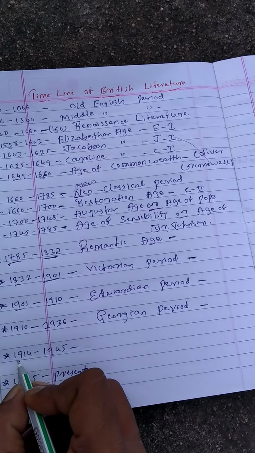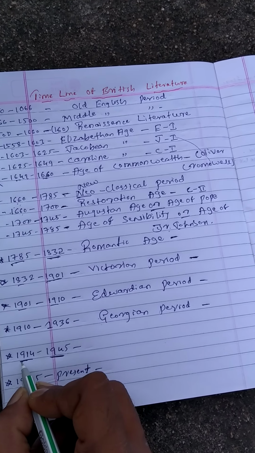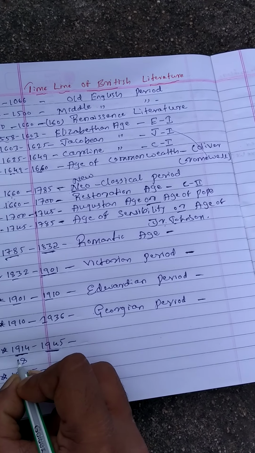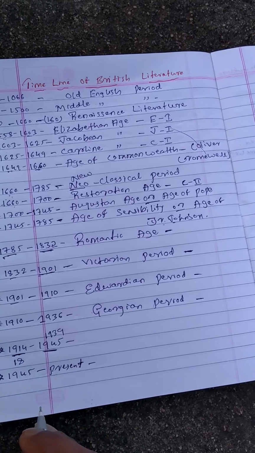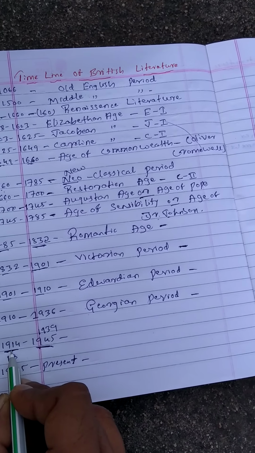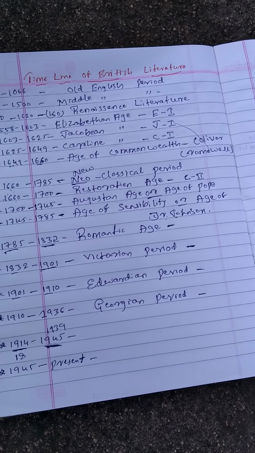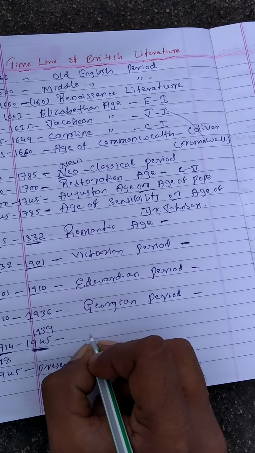Then 1914 to 1945, starting from the First World War to the end of the Second World War. The First World War began in 1914 and ended in 1918. The Second World War began in 1939 and ended in 1945. The time period between these two wars, from the First World War to the end of the Second World War, is called the modern period.